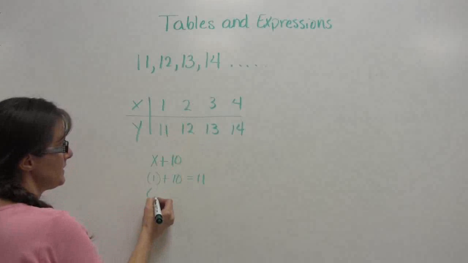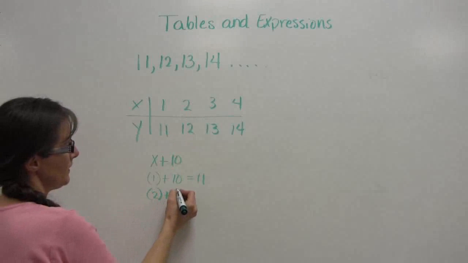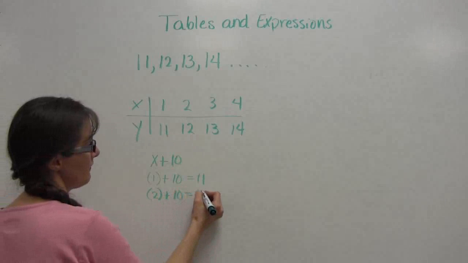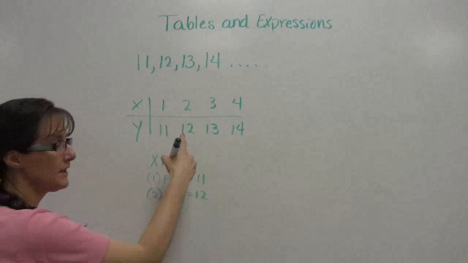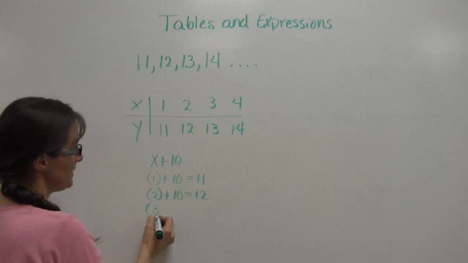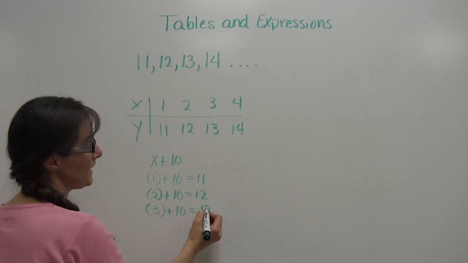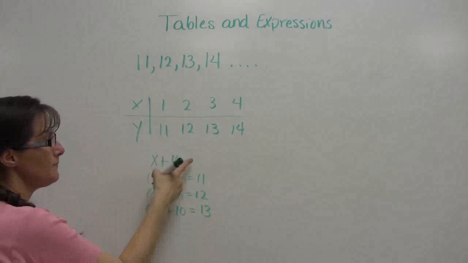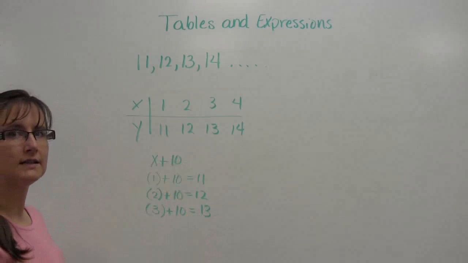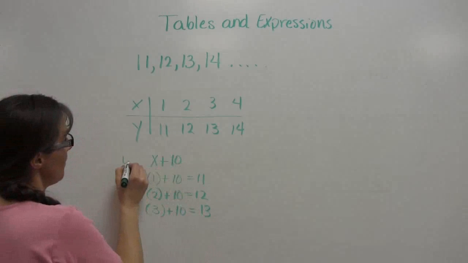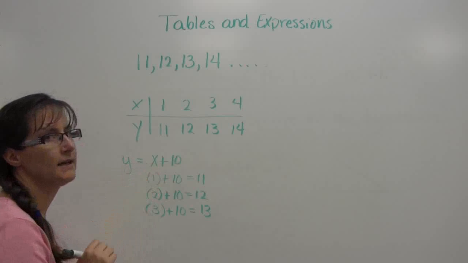When I put in position 2, 2 plus 10 is 12, and I did get a 12. When I put in position 3, 3 plus 10 is 13. This is my rule. X plus 10 is going to work every single time. So that means that Y is equal to X plus 10.